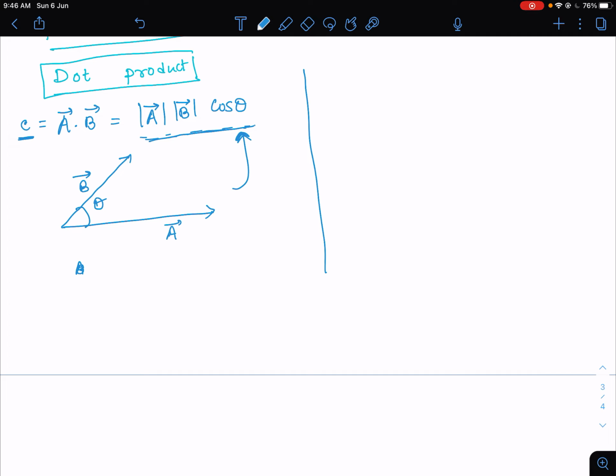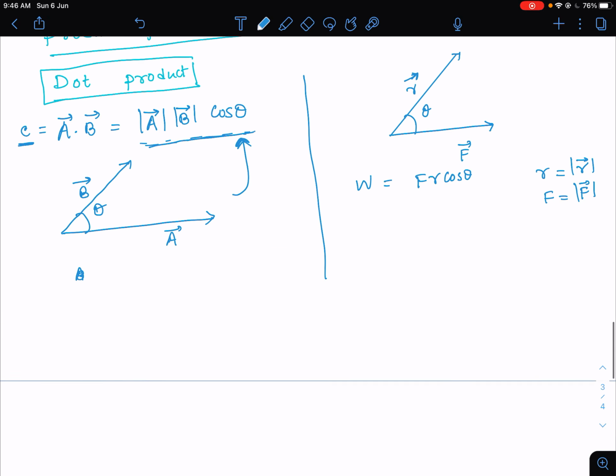That is, if a force is acting along this direction, and you are moving an object along, let's say, this direction, along R, with the angle theta with the force, then the work done against the force is F R cos theta, where R is the mod of the vector R and F is the mod of F. That is F dot R.